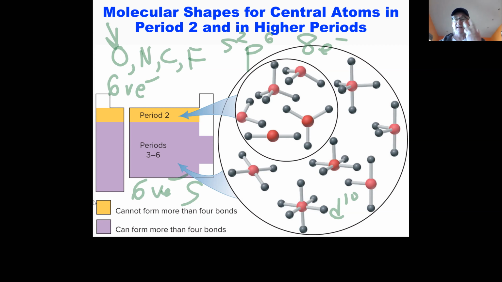So it can make 3 double bonds. That's a total of 12 electrons because there's 6 bonds. But it keeps 6 of them for itself in determining its charge. So it has its 6 valence electrons, it's chill. But the total number of electrons surrounding sulfur can be more than 6. So it can form more than 4 bonds.